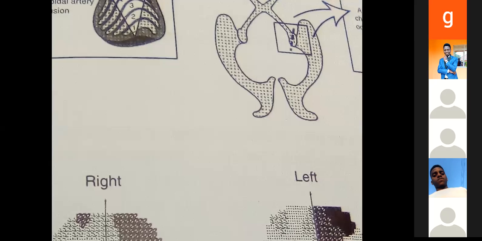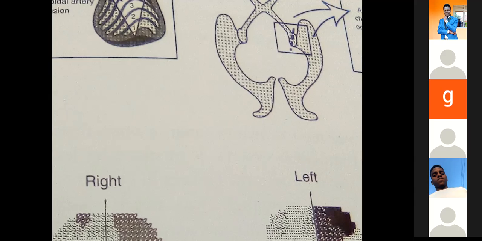Okay. Homonymous, that is when we say something is homo, as in homosexual, or homo what? Homo means the same side, the same thing, isn't it? So when we talk about homonymous hemianopia, hemianopia means half field defect, and homonymous means that they are on the same side. And as we can see from here, all these defects are on one side.